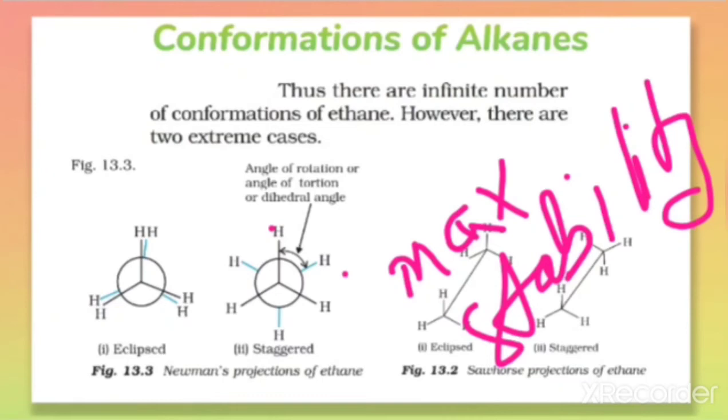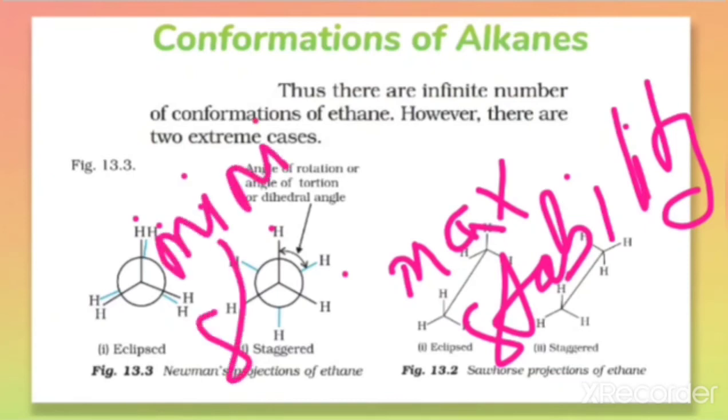On the other hand, when the staggered form changes into the eclipsed form, what happens? The electron clouds of the carbon and hydrogen atoms are closer to each other. So in the eclipsed form, the repulsive forces increase. Therefore, it has minimum stability. What can we conclude from this?